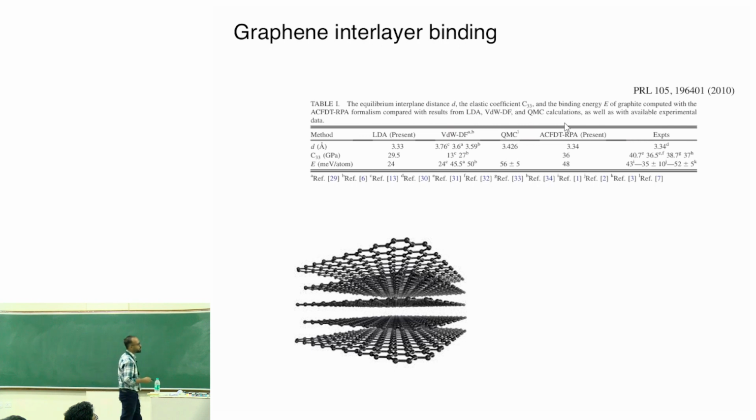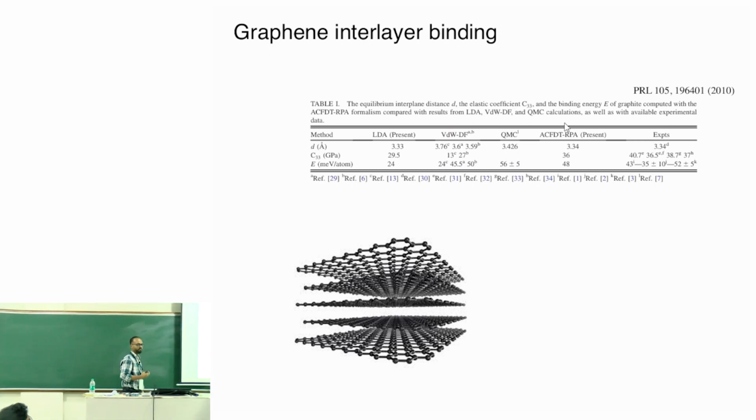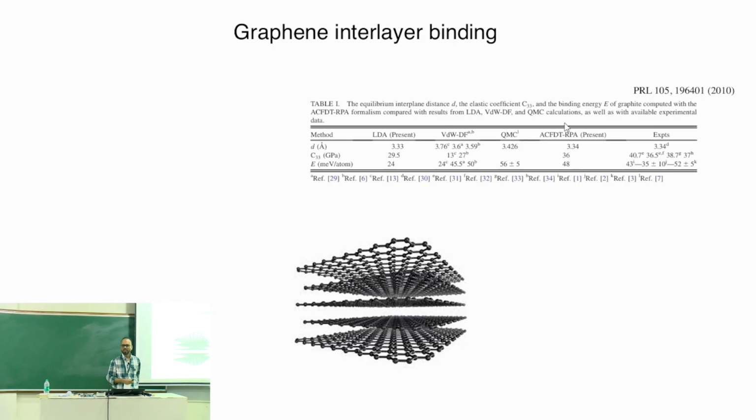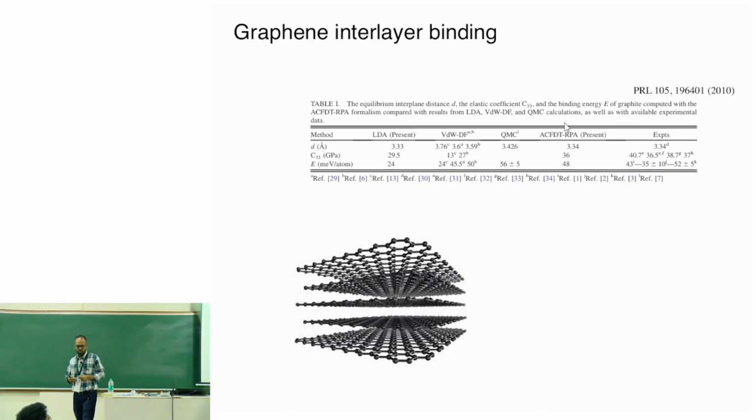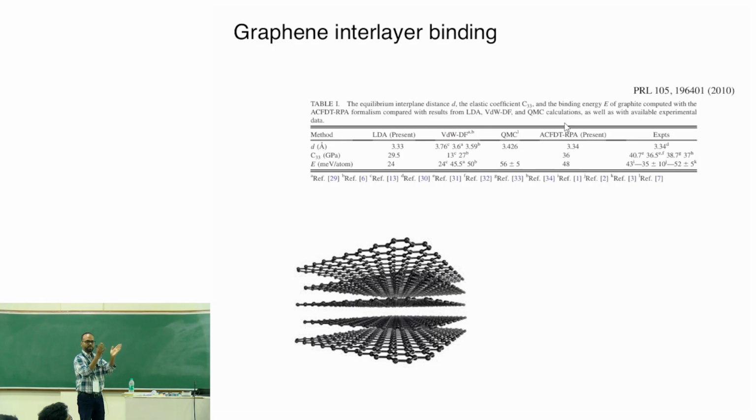Now, the binding of two graphene layers. We all know graphene binds by dispersion interactions, right? So if I take two graphene layers and compute the interaction with, say, some pure Kohn-Sham functional without dispersion corrections, it may not bind. So over here, what I'm showing you are a couple of methods, and you see that the random phase approximation gives you binding energies very close to experiment.